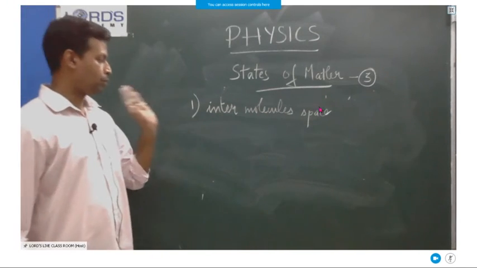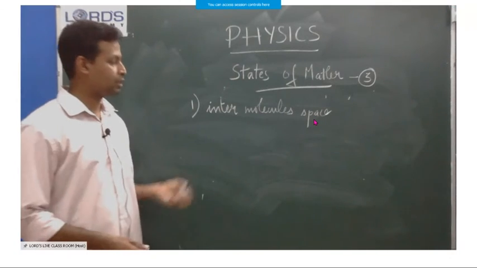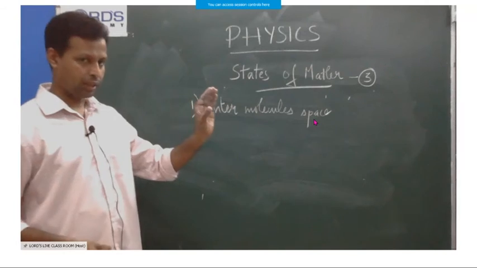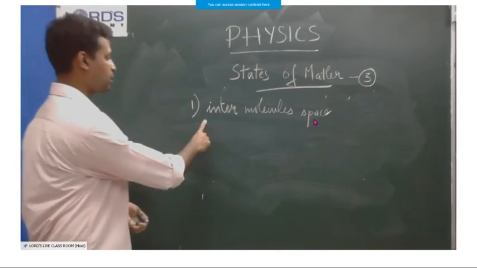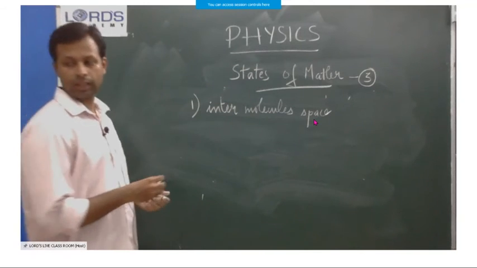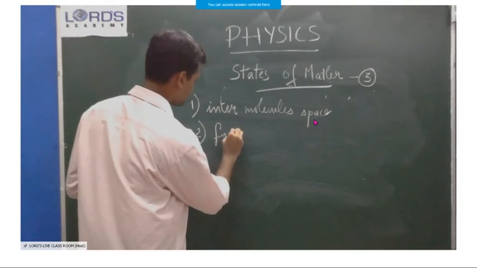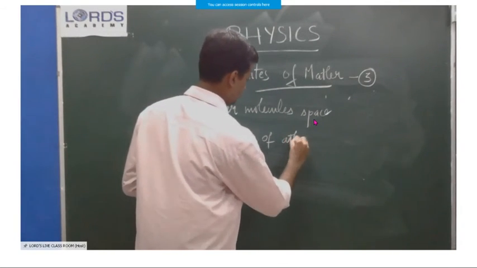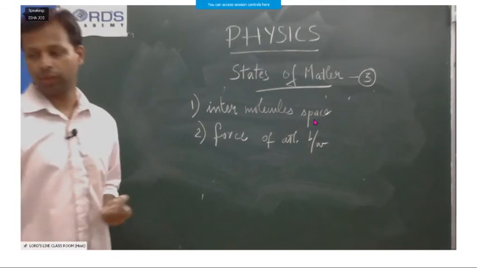Now what we are telling is there are 3 properties which determine whether a substance is a solid, liquid or gas. Okay. First is intermolecular space. Second is the force of attraction between them.